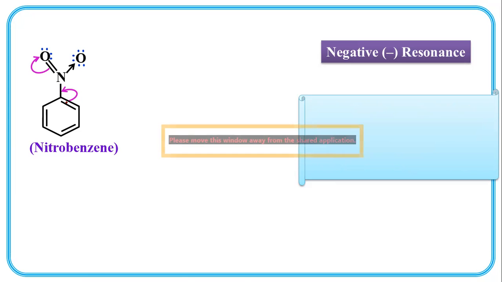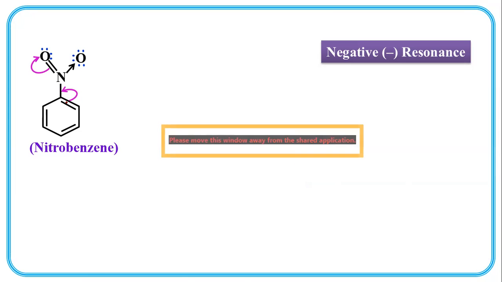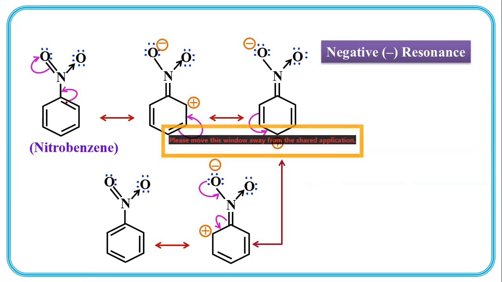How? Let us see here. Meta position. So here at this meta position, the product formation takes place. Okay, electrophilic attack will take place.